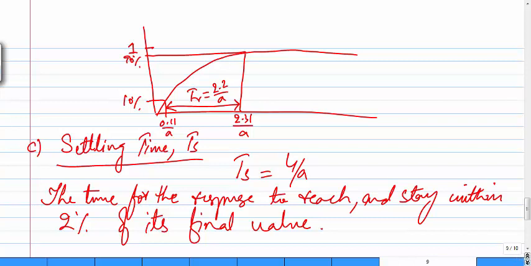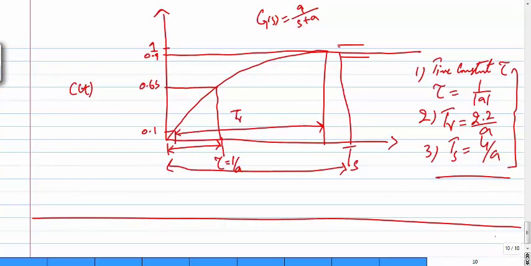So this is your steady state time, from 0 to this time. Okay, so there are three basic things that we discussed for first order system. One is known as time constant, second is rise time, third is steady state time.